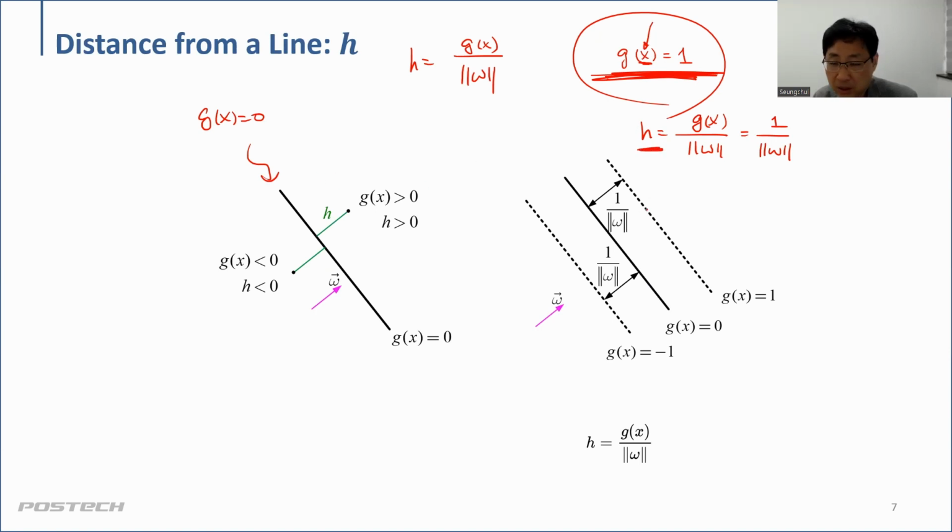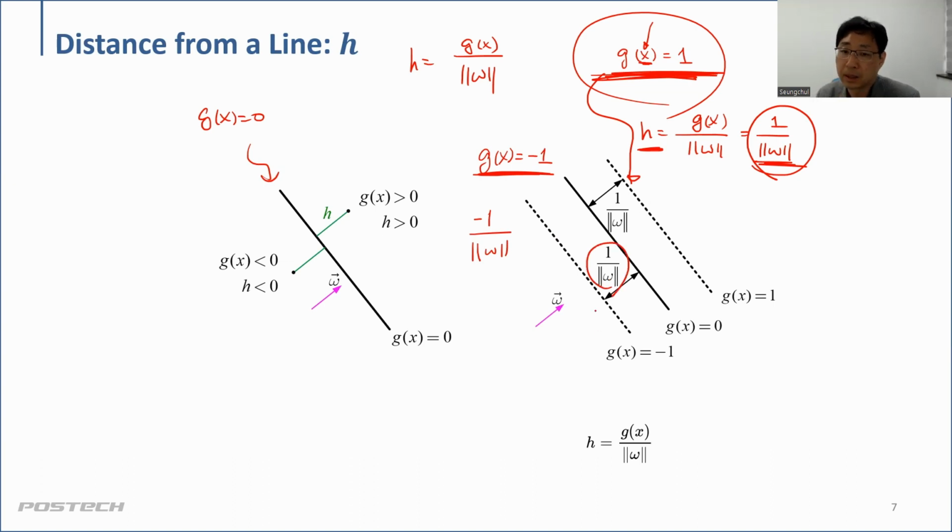That's the distance. And what about g of x equal to -1? That's the distance too, and we do have a sign, that's why it's in the opposite direction. All of them have omega like that; all of them are perpendicular.